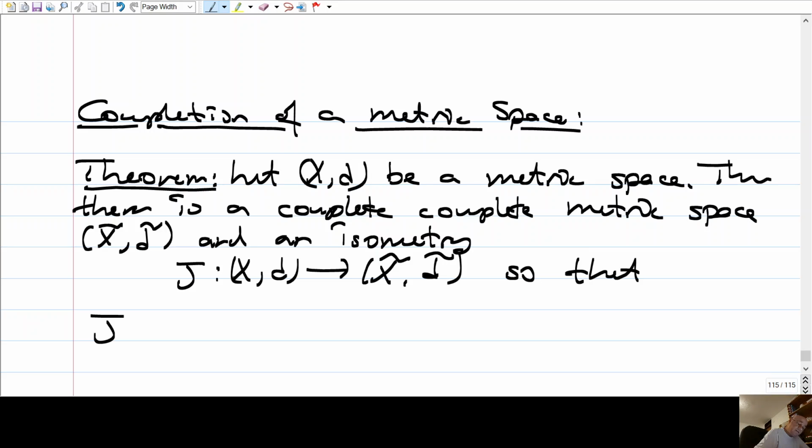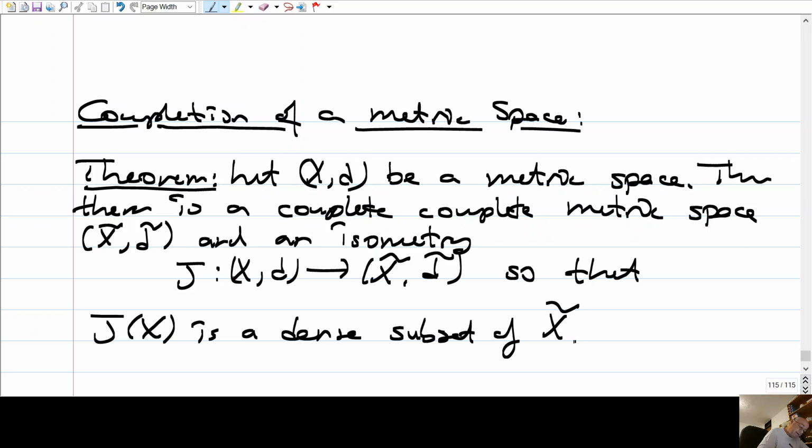It means that J embeds (X, d) into (X tilde, d tilde). In other words, (X tilde, d tilde) contains a copy of this, like real numbers contain rational numbers, so that this is a dense subset of X tilde.